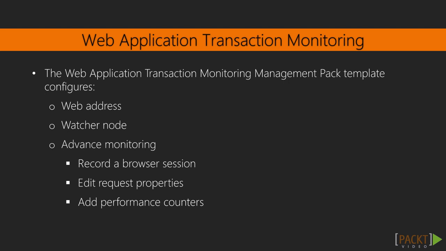Now, the Web Application Transaction Monitoring Management Pack template differs from the Web Application Availability Monitoring Management Pack template in that each URL or request can be configured by using its own set of monitoring criteria. So as you step through the wizard and put in the web address and your watcher nodes, when you click on advanced monitoring, that's where you can configure to record a browser session. You can edit the different request properties, and you can even add performance counters for that particular web address.